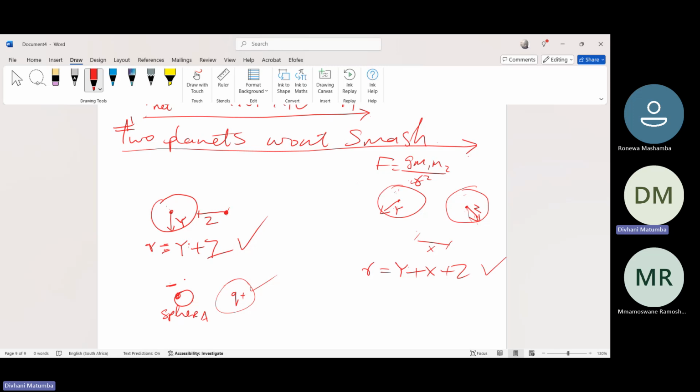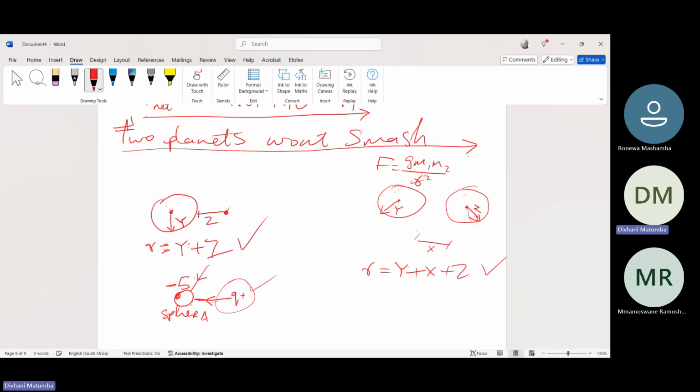Let's say your charge is -5, your positive test charge will point towards your sphere. So this will be the direction of your electric field.